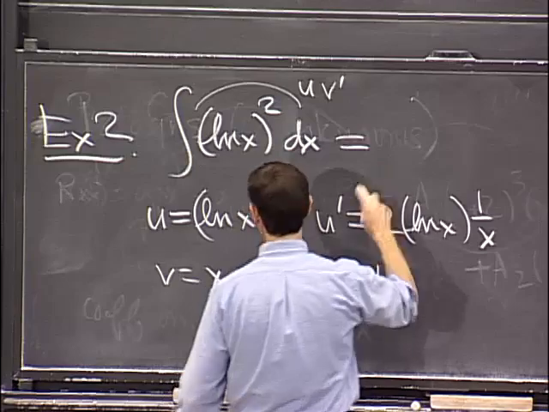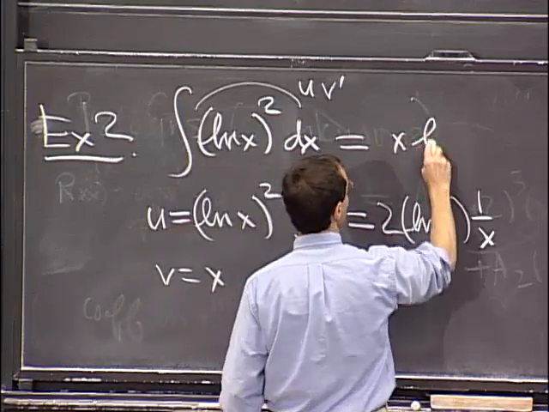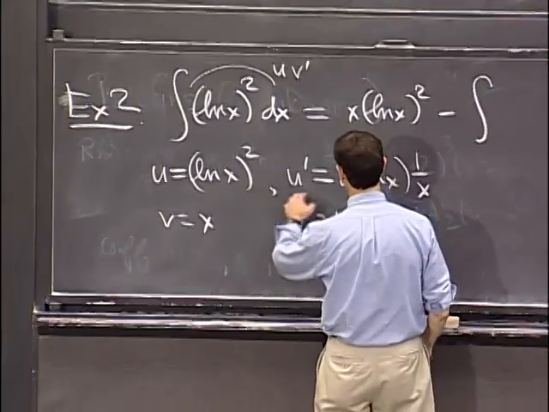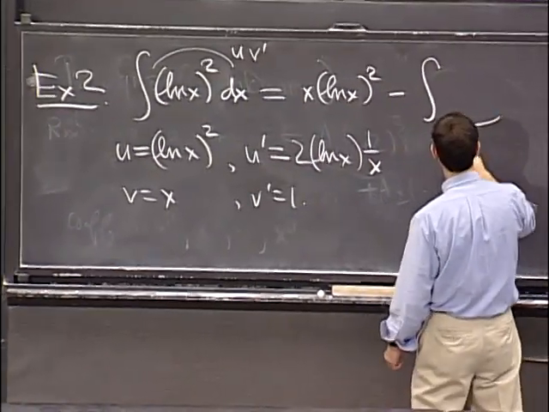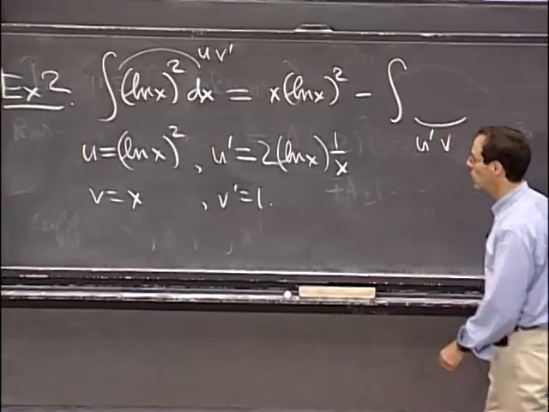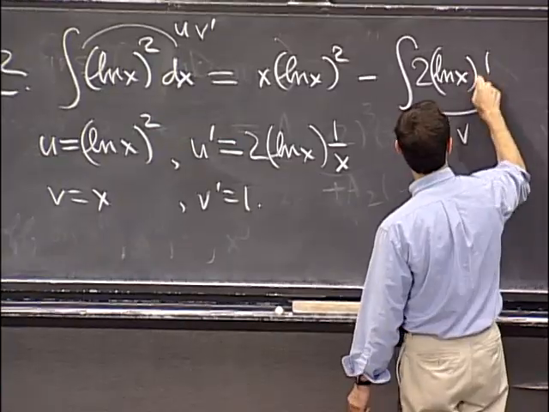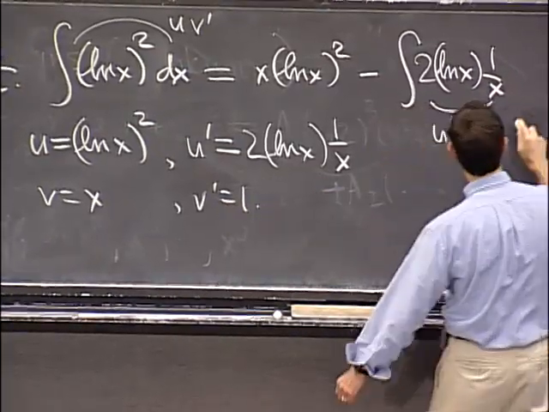And so the formula is that this is x (log x)^2 minus the integral of u prime times v, right? That's what I have to put over here. So u prime is 2 log x times 1 over x, and v is x.